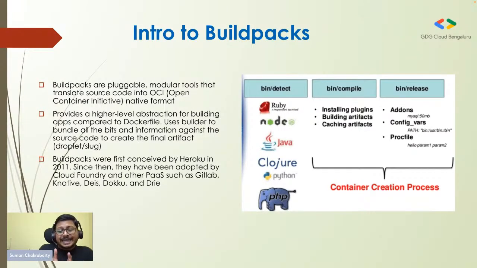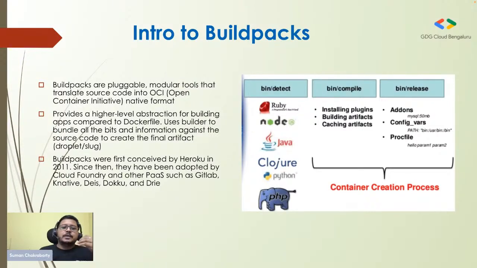It is quite intelligent enough to know and build the dependencies around it. As I told you, it was initially conceived by Heroku, but later it was adopted by multiple organizations like Cloud Foundry, VMware, and companies like GitLab and Knative, to make it more modular to work with the cloud native ecosystem.